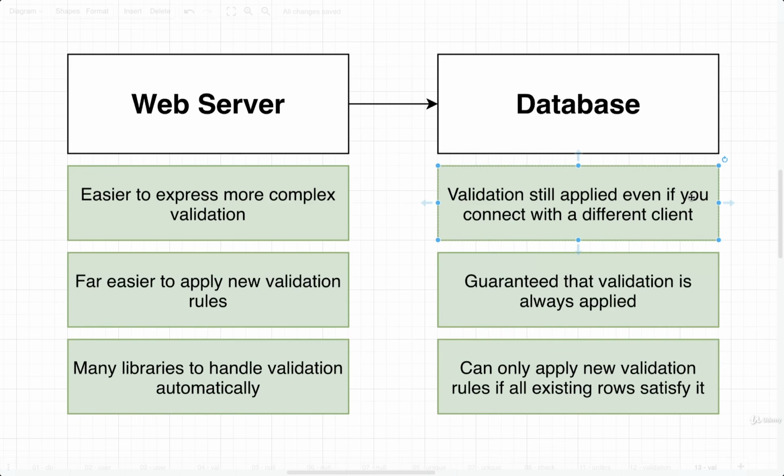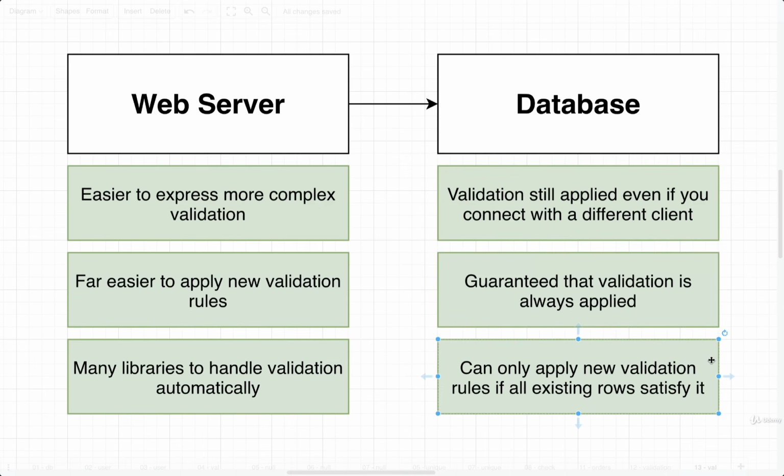That could be a very bad thing. Next up, and very similarly related, we are guaranteed that validation is always going to be applied when we put it at the database level. So again, no matter where our data is coming from, whenever we are inserting data into a table or updating data inside of a table, we're guaranteed that it's going to be validated.